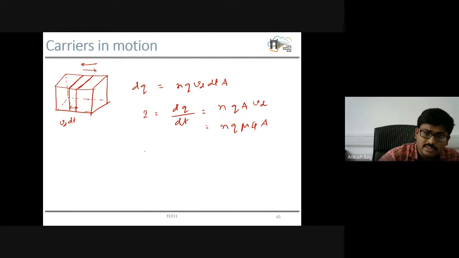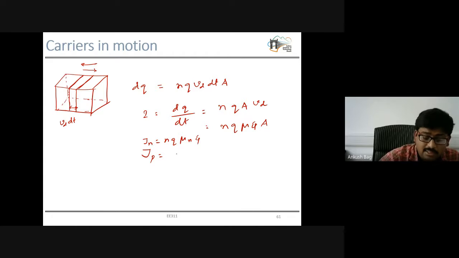Now if we consider the current density, first let me write Jn equals nq mu n times the electric field.